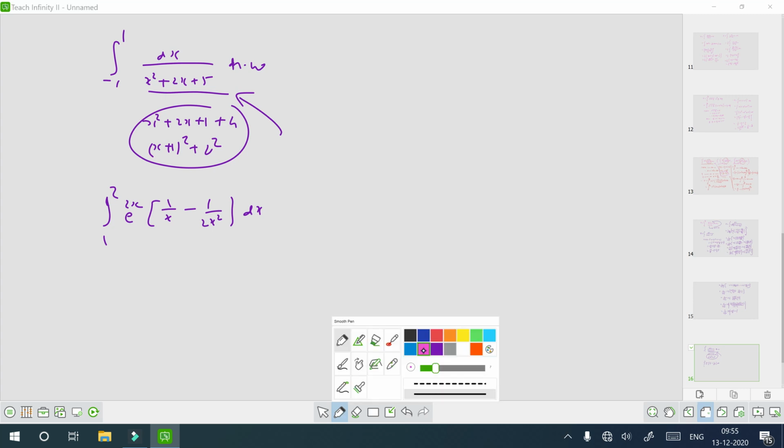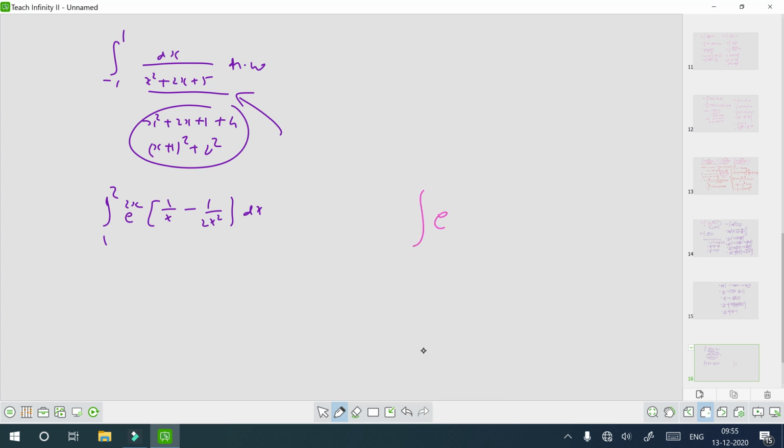If we want to apply this formula, in that case here should be only one variable, not any constant also. So here we have to take the substitution 2x is equal to t. So x is equal to t by 2, so dx is equal to 1 by 2 dt.